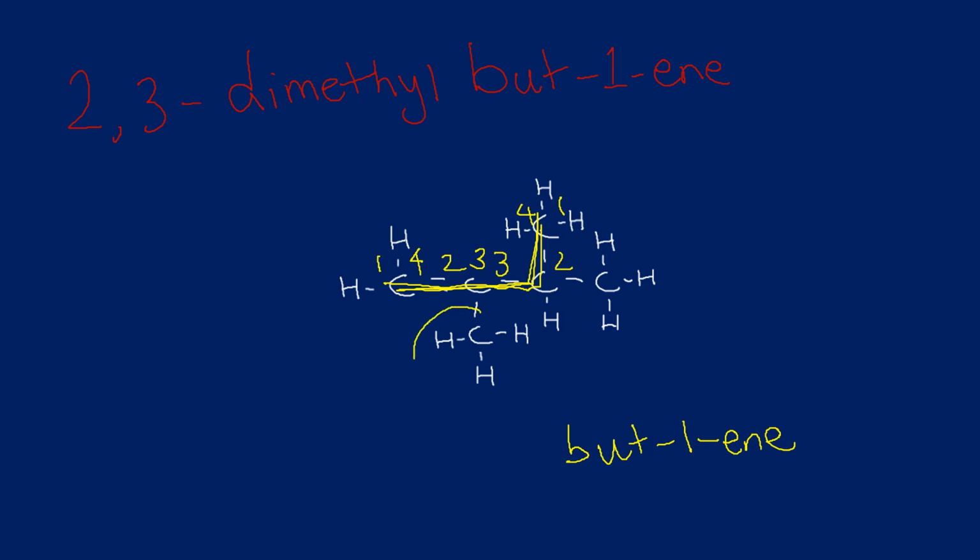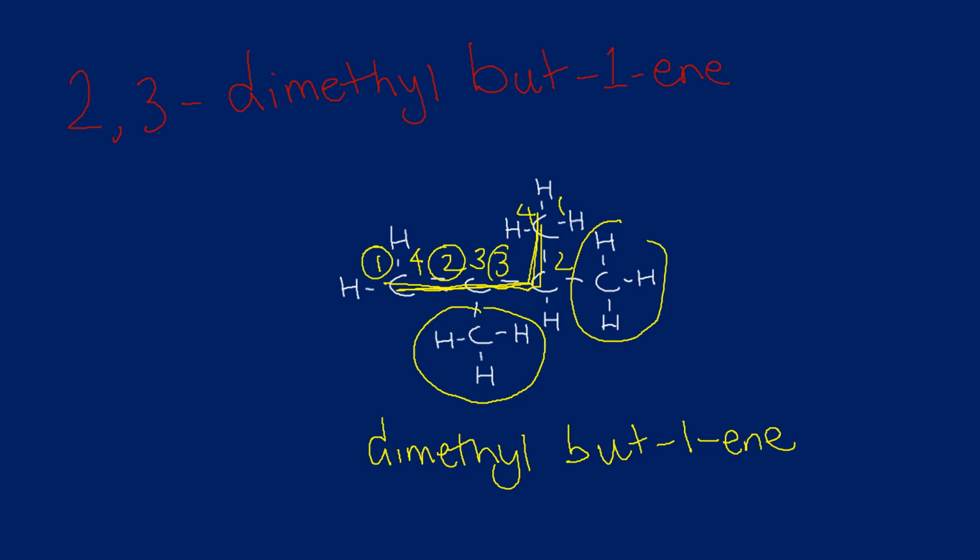This time the side chains are here and here, so it's still dimethyl. And this was number 1, 2, 3. So again, it's still 2,3-dimethyl. So as long as your longest chain contains the functional group, if there is more than one possibility, you're still going to end up with the same name. So don't panic if that is the case.